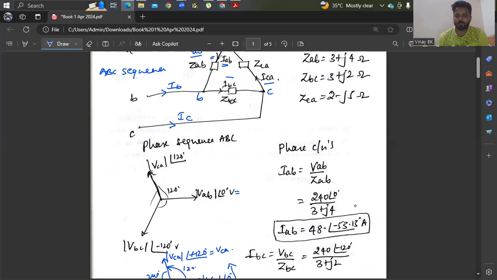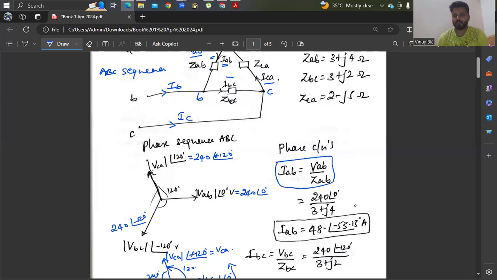Therefore VAB is 240 at an angle of 0 degrees, VBC is 240 at an angle of minus 120 degrees, and VCA is 240 at an angle of plus 120 degrees, as it is a leading angle.